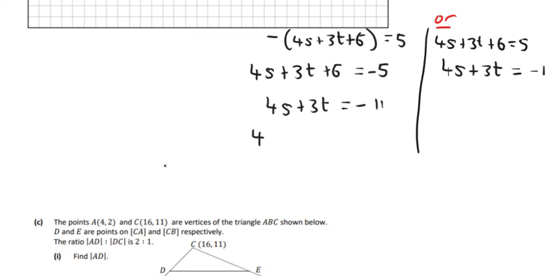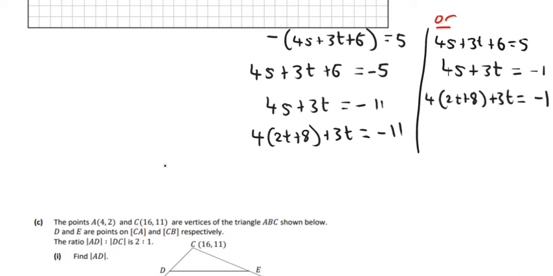So 4 times 2t plus 8 plus 3t is equal to minus 11. And over here the same thing, so 4 times 2t plus 8 plus 3t is equal to minus 1. So we get 8t plus 32 plus 3t is equal to minus 11.